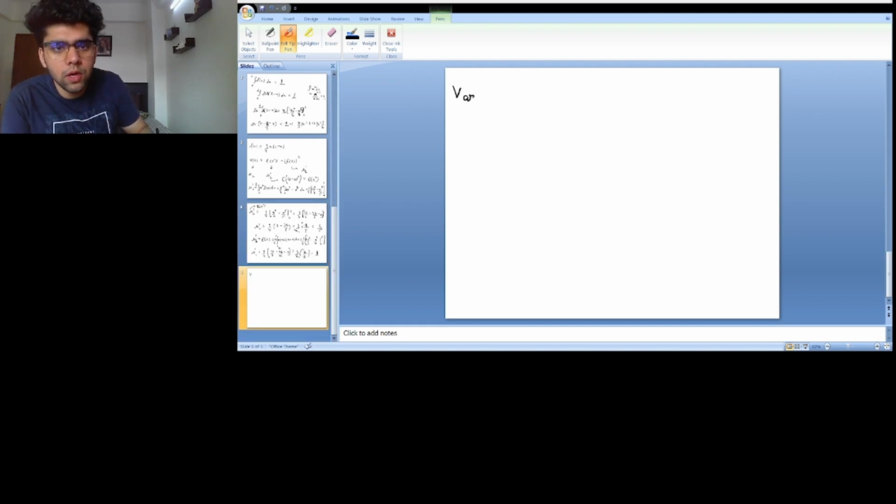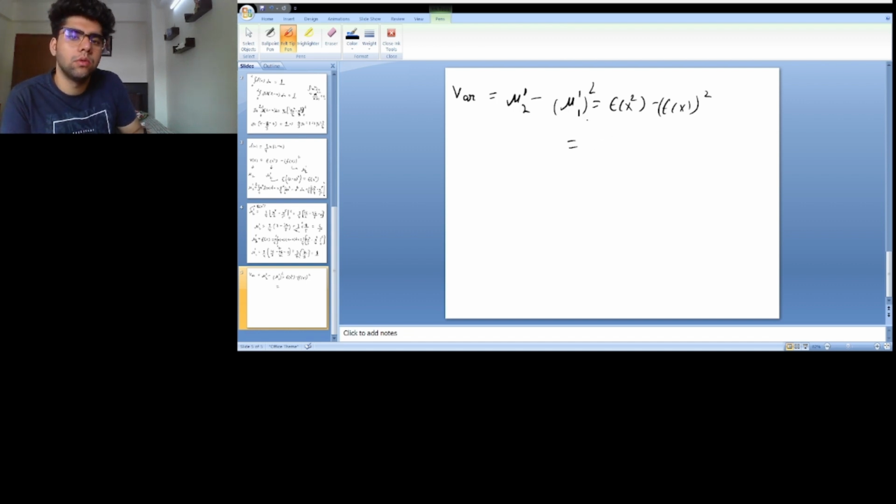Now our variance will be, what was my earlier value, 6 by 5. So mu 2, the second moment with respect to the origin, minus the square of the first moment with respect to the origin will give me the variance, which is E(x square) minus (E(x)) whole square. So 6 by 5 minus the whole square of 1, which is 1.